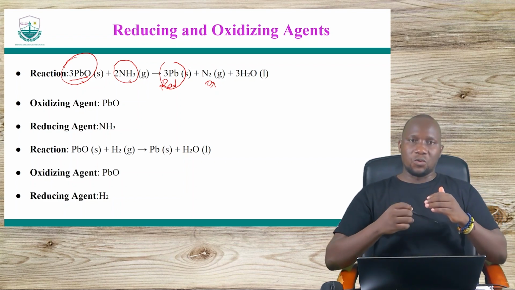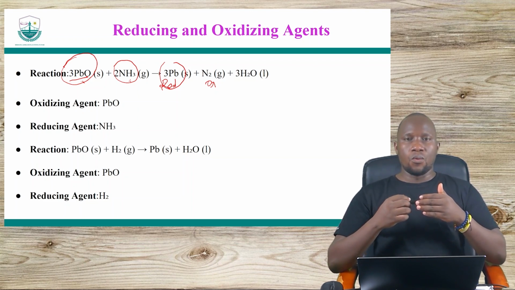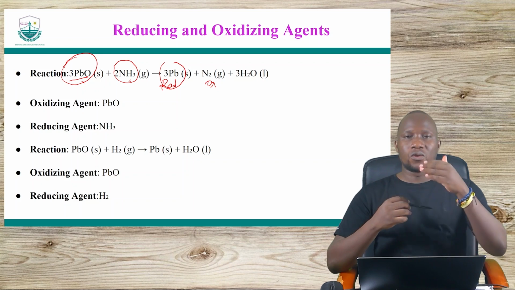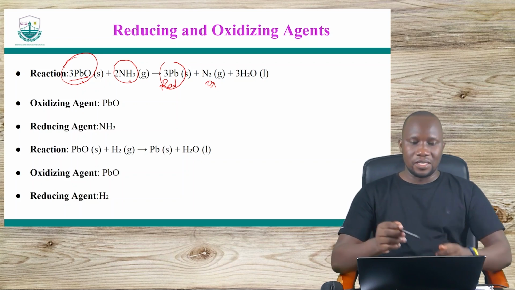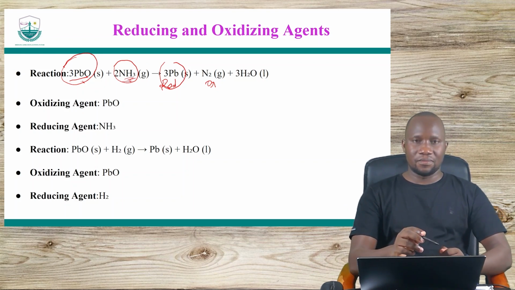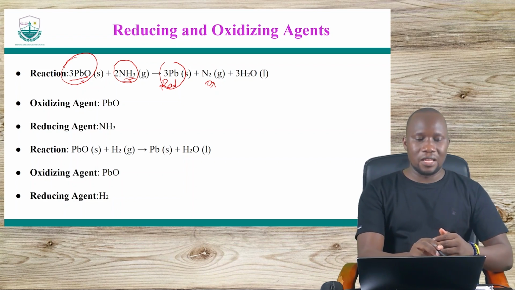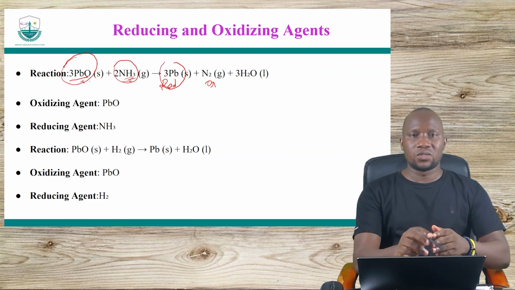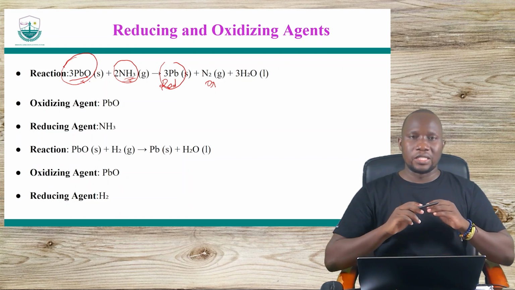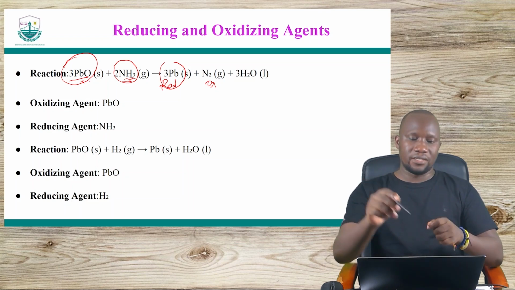Okay, so like what we said, when you oxidize, that means it is removing hydrogen here. This lead oxide is oxidizing. So what it is doing by oxidizing is removing hydrogen.